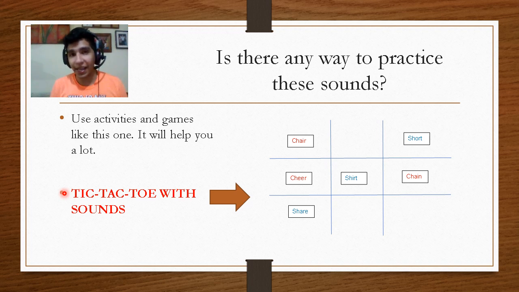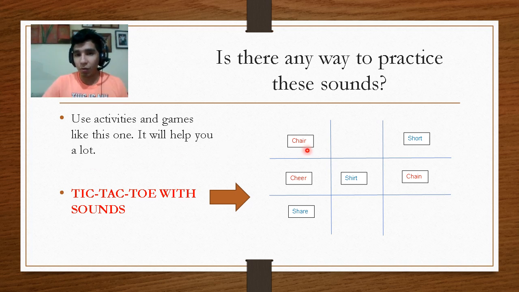You know the game tic-tac-toe, the game with the X's and the O's. Well, replace the X's and the O's using words with the sh sound and the ch sound. I'm very sure that this game will help you to practice the way to pronounce these sounds and to find them in very common words in English.